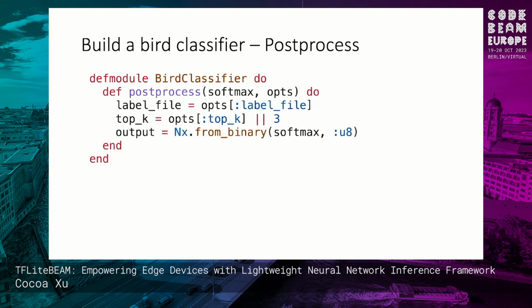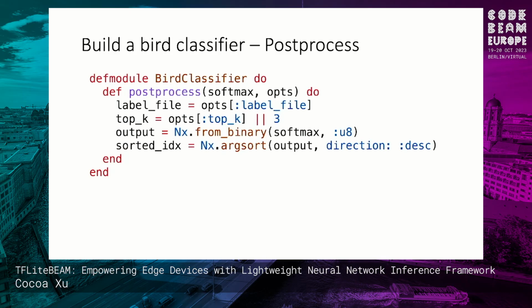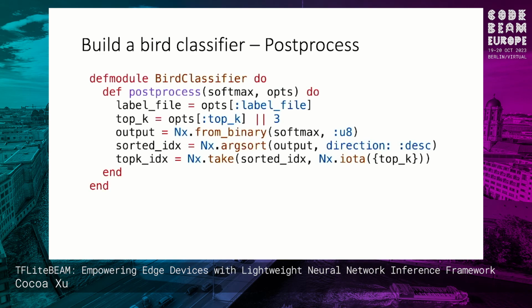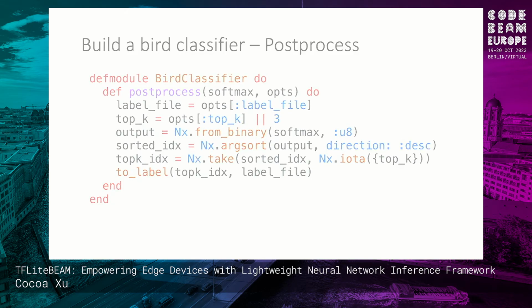Since the softmax variable is a binary, we need to call Nx from binary to create an Nx array, and then we can do Nx arg sort, and we can find the top 3 predictions for that image, and then we can take the top k of those indices. Lastly, we can create another function called toLabel, which will map those top k indices to their labels with the label file if you have one.